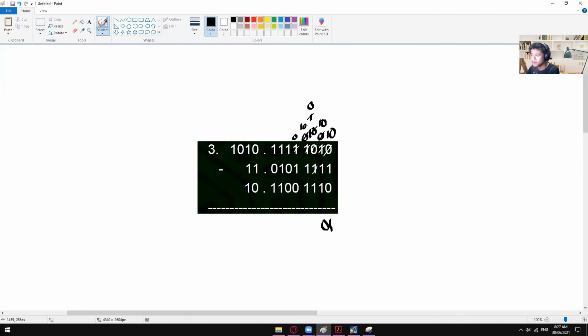Now you can borrow to this neighbor of yours since he has money. So 10 will become 1, and then 0 will become 10. So now we can deduct this one. 10 minus 1 is 1. Did you guys get that one so far? The third column?